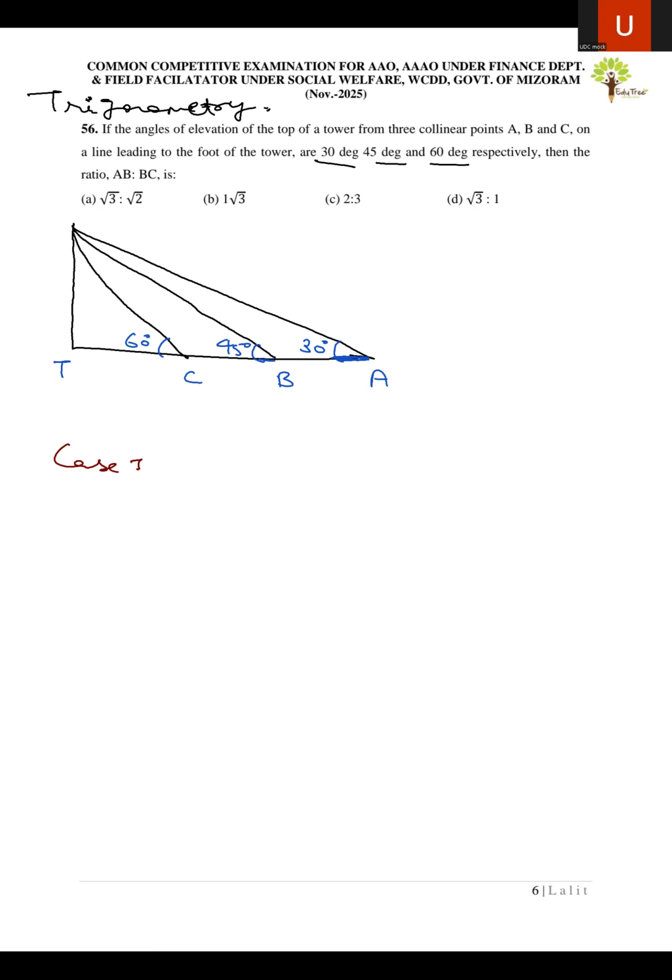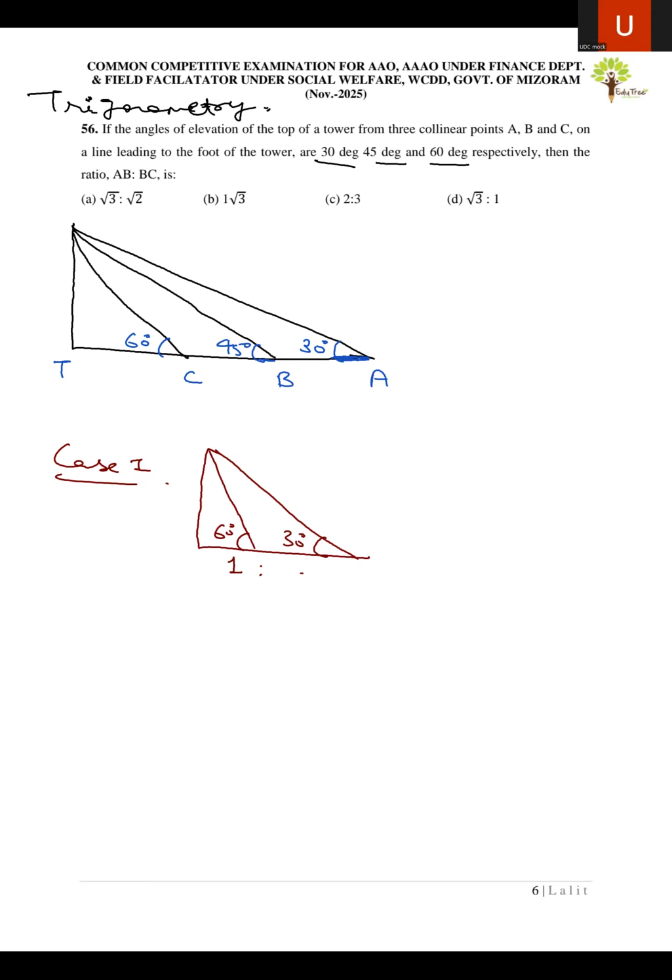Let us say if two angles are given to us like this. Let us say this one is 60 degree and this one is 30 degree. All right. So this ratio will always be 1 is to 2.